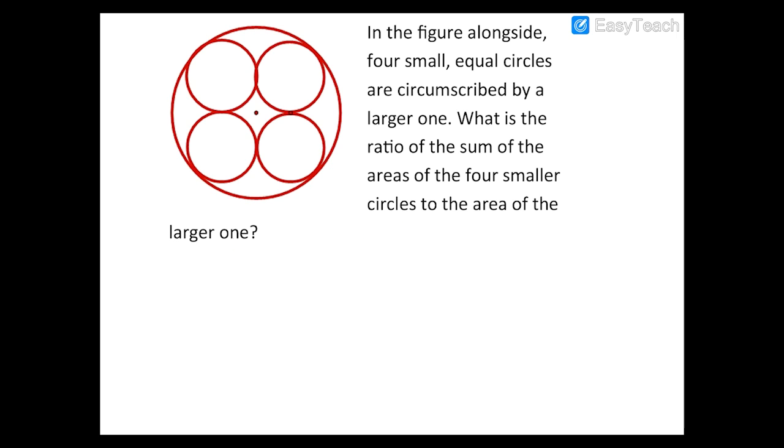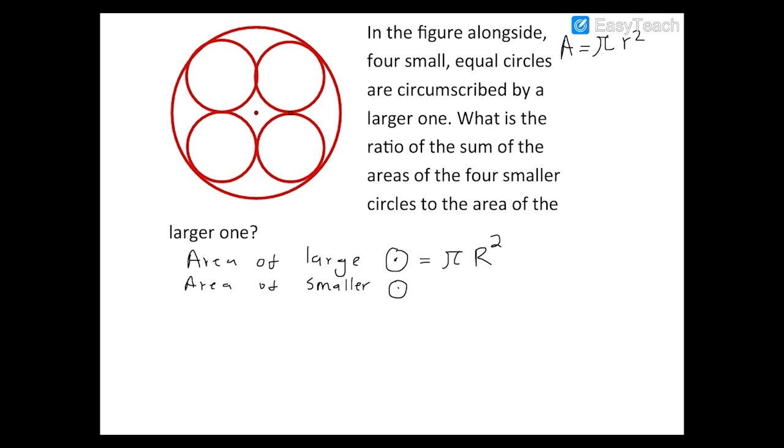So we know that the area of a circle is given by the formula pi radius squared. So we'll take the area of the large circle to be pi with a capital letter R squared, and the area of the smaller circle to be pi with a small letter r squared, just for calculation purposes.